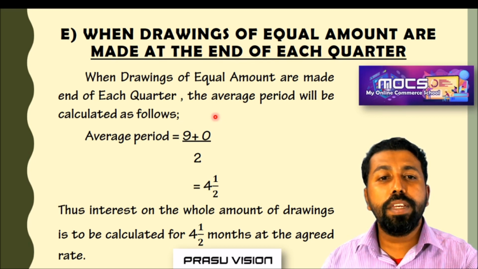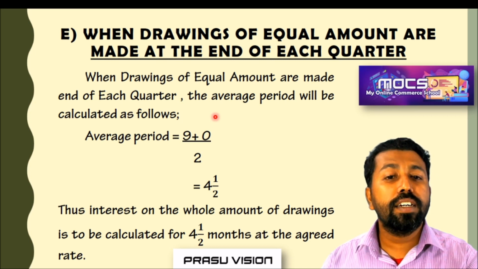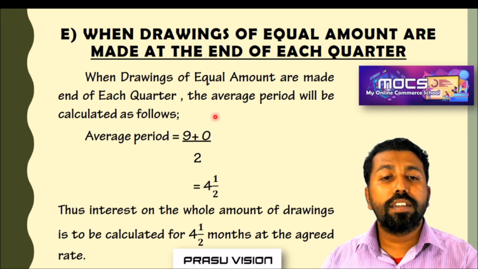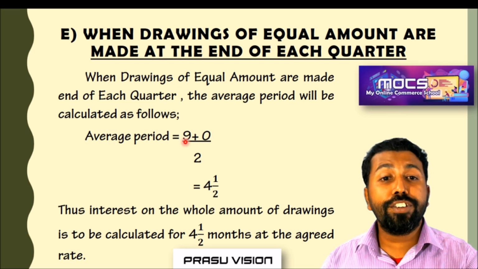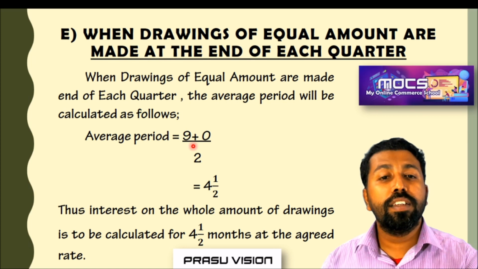First drawings will be made on 31st March. So remaining months are 9. And the last drawings will be on 31st December. There will be no time left after the last drawings, because it is the last day of the financial year. So 9 plus 0 by 2, 4.5 is the average period.